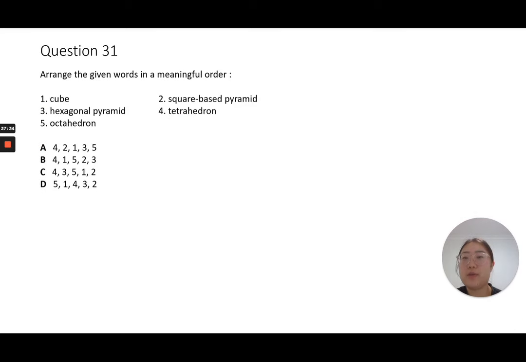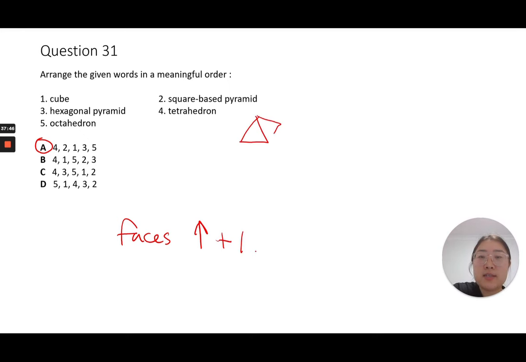Arrange the given words in a meaningful order. This one, the answer was A. And the faces are actually increasing by 1 each time. A tetrahedron is basically a triangular, no, that was not a very good diagram. A triangular pyramid, so that's 4 faces.